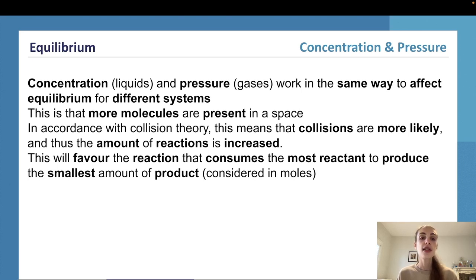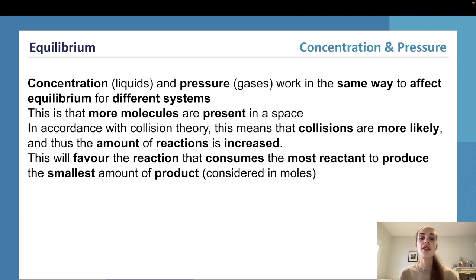And so this is that more molecules are going to be present in space. So obviously, if we've got more present molecules, they're going to be more likely to collide, and thus the amount of reactions is going to be increased because it's going to be more likely that those particles can collide at or above the activation energy in order to provide a viable product yield.